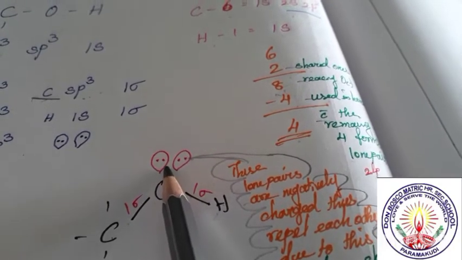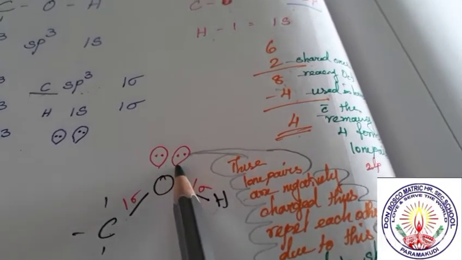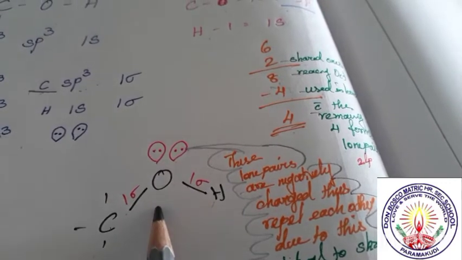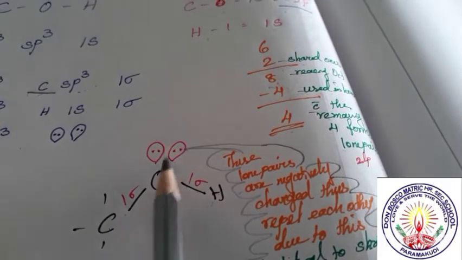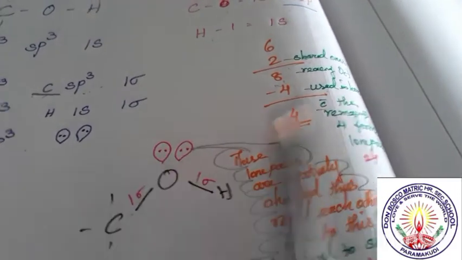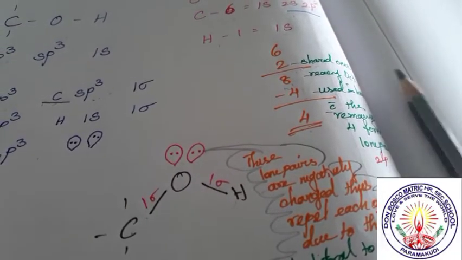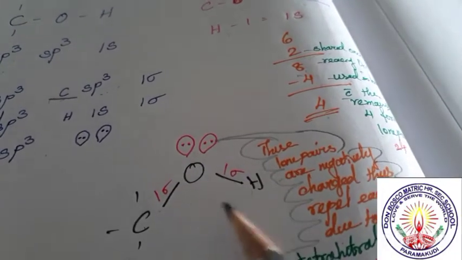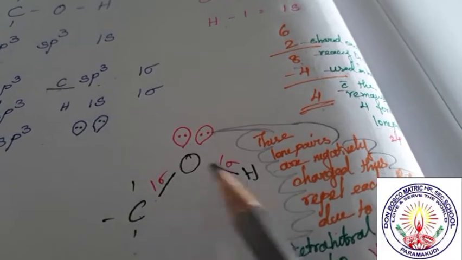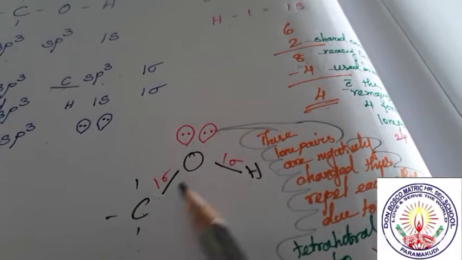a lone pair. And these lone pairs are negatively charged, thus they repel each other. When they repel, these are shrinking. This is first sp3 hybridized, this is tetrahedral shape.